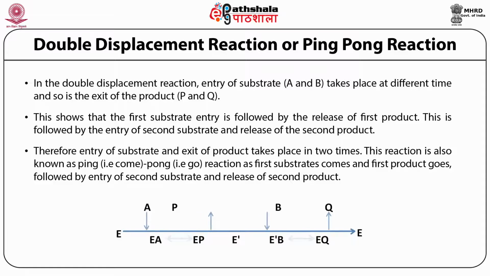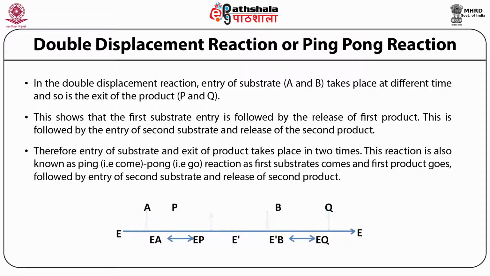You can see in the picture, free enzyme combines with substrate A producing the EA complex. There is a conversion of the EA complex into EP, and that product is released, and the group which is carried by A, which needs to be transferred to substrate B, is carried by the free enzyme.